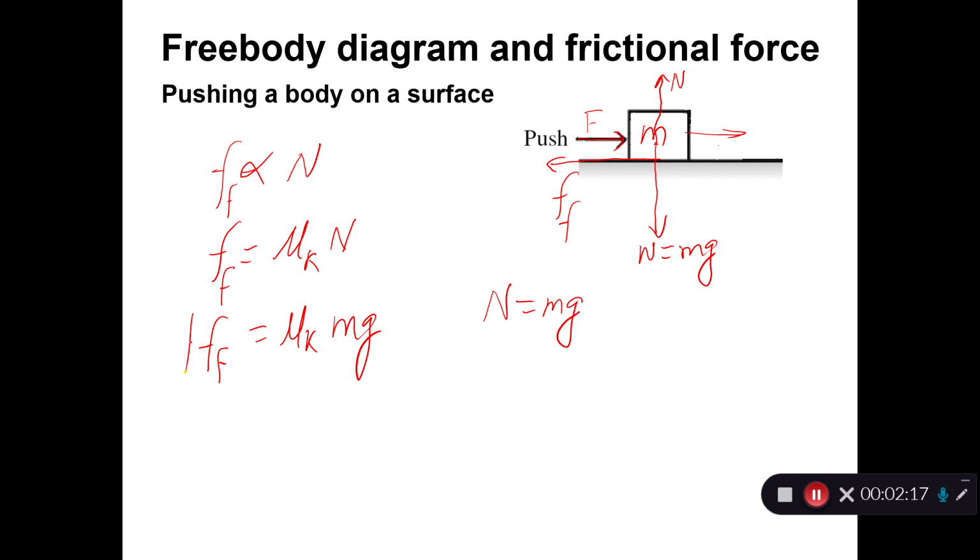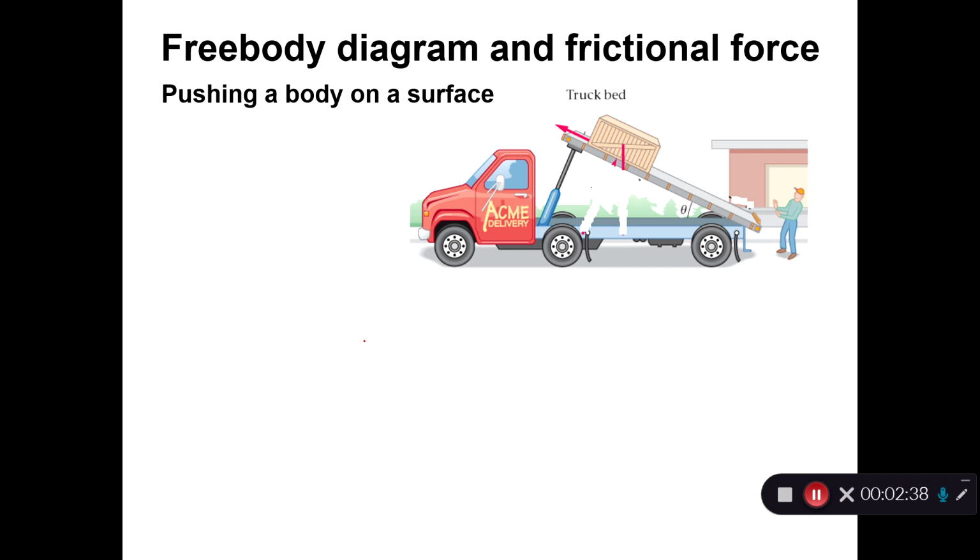So if a box is on a horizontal surface and moving horizontally, its frictional force is the coefficient of friction times its weight, mass times acceleration due to gravity. Now let's say a body is on an inclined plane. In this case, the box is moving down a surface, like a truck unloading a box.